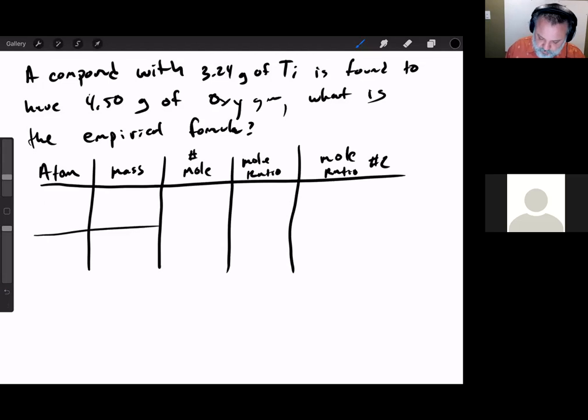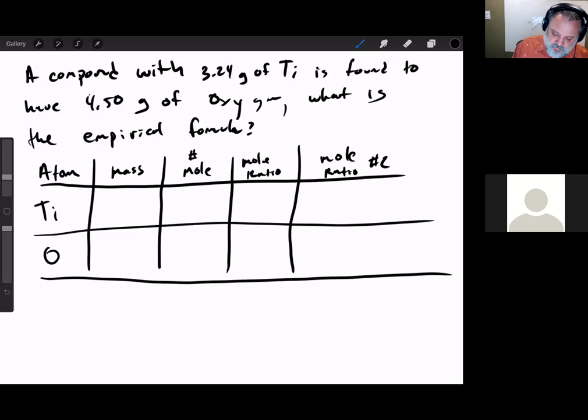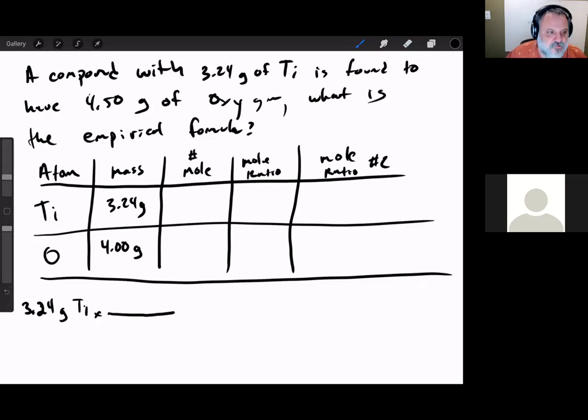Let's see. Titanium and oxygen. The mass is given here, 3.24 grams and 4.50 grams. Now, this is the last time when I'm doing an example that I'm going to write down the actual conversion from grams to moles. At this point, I know every single one of you has done all of the practice you need to do these one-step conversion problems.